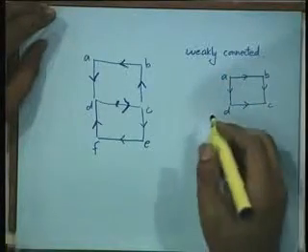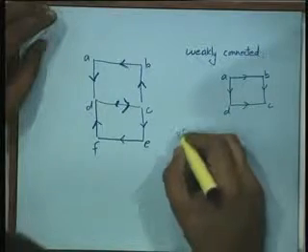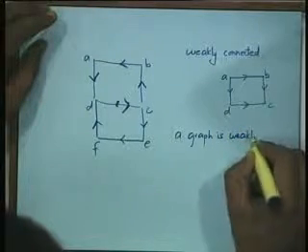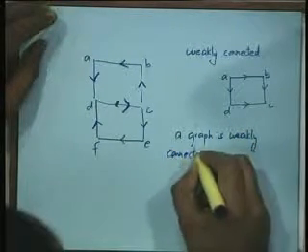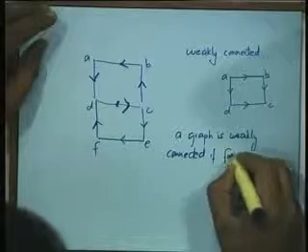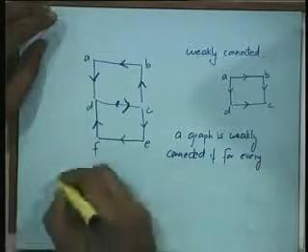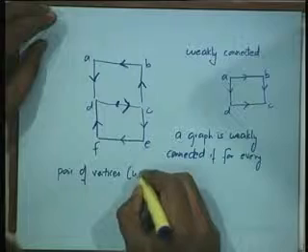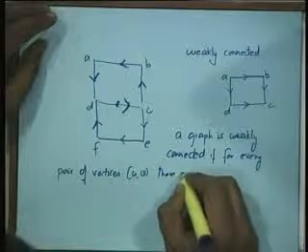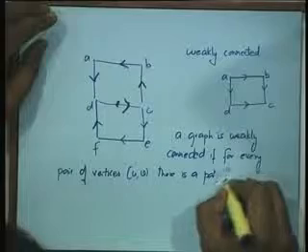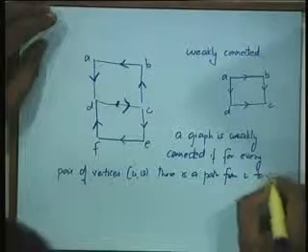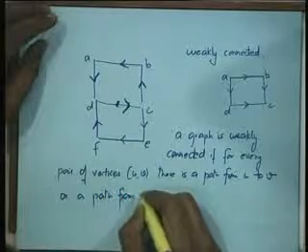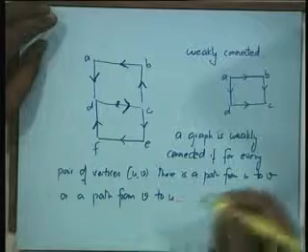So, what's the right definition of weakly connected? A graph is weakly connected if for every pair of vertices u comma v, there is a path from u to v or a path from v to u or both.